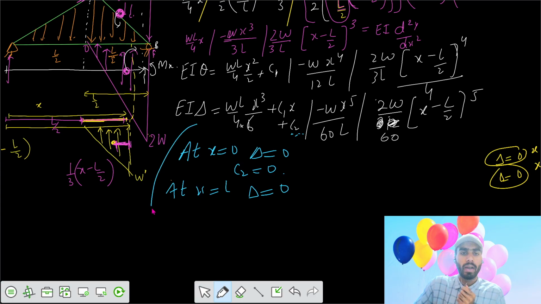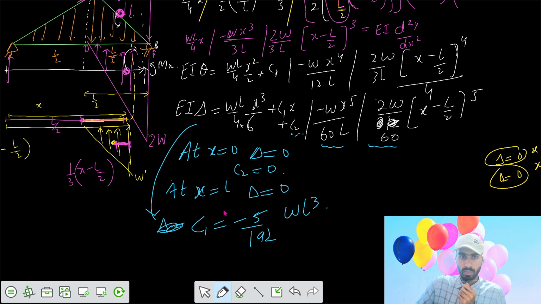Then you substitute the value here, and at L every term is valid, and at x equals 0 these terms are ignored. So you get the value at x equals L, that C1 would be minus 5 upon 192 WL cube.